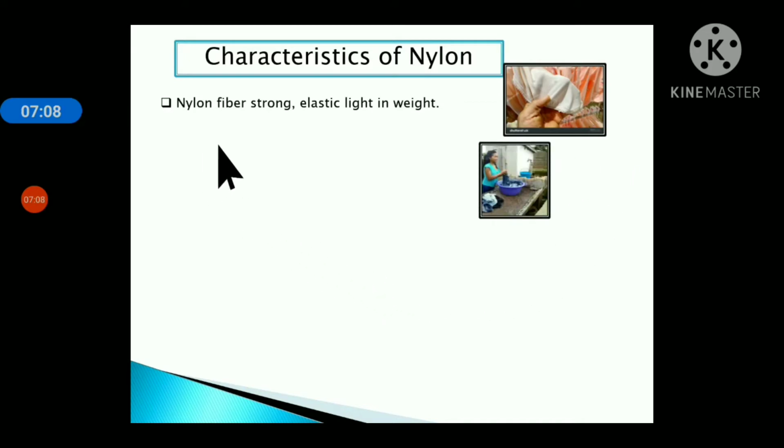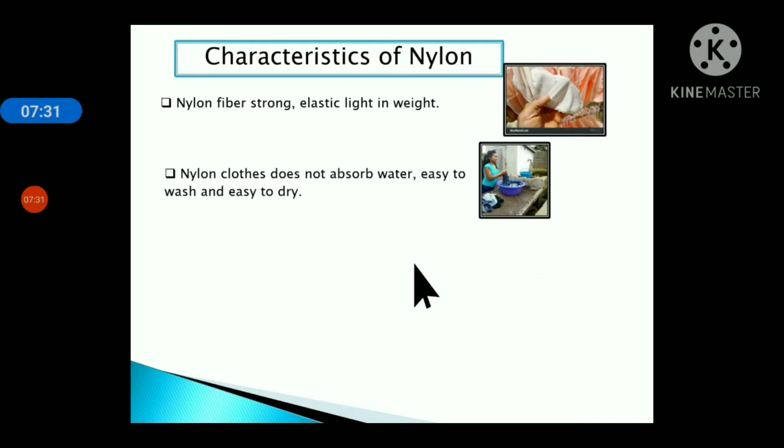So nylon is a strong, elastic fiber, light in weight. So we prefer nylon. Next, it is easy to wash, easy to dry, and it does not absorb water. These are the characteristics of nylon.